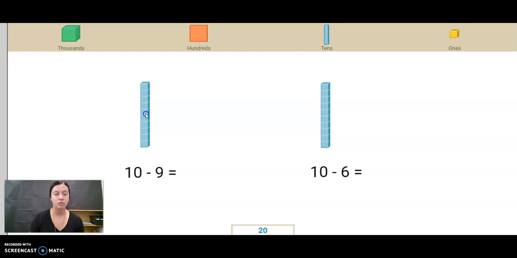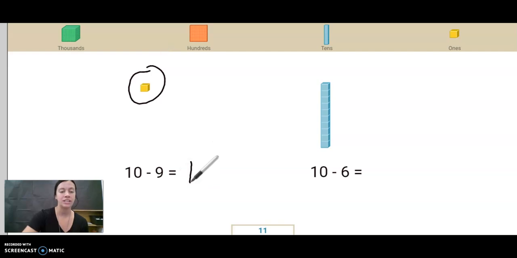So I'm going to look at that rod, and I'm going to break it apart so that I can see those 10 little cubes, and I am going to take away 1, 2, 3, 4, 5, 6, 7, 8, 9. And we can really quickly see that we are left with just one cube.